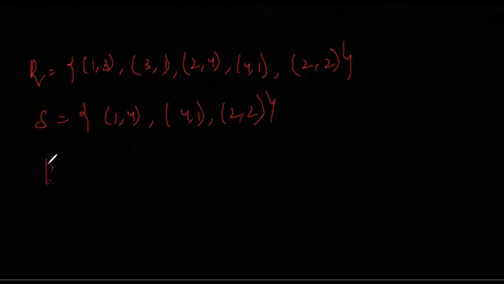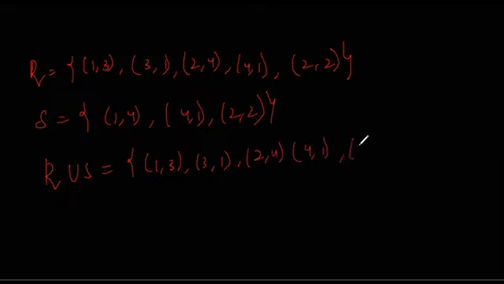Now in this case, R union S will be all the elements of R and S, and the one which is repeated twice should be written only once. So it will be 1 3, 3 1, 2 4, 4 1, 2 2, and 1 4. So this is R union S.